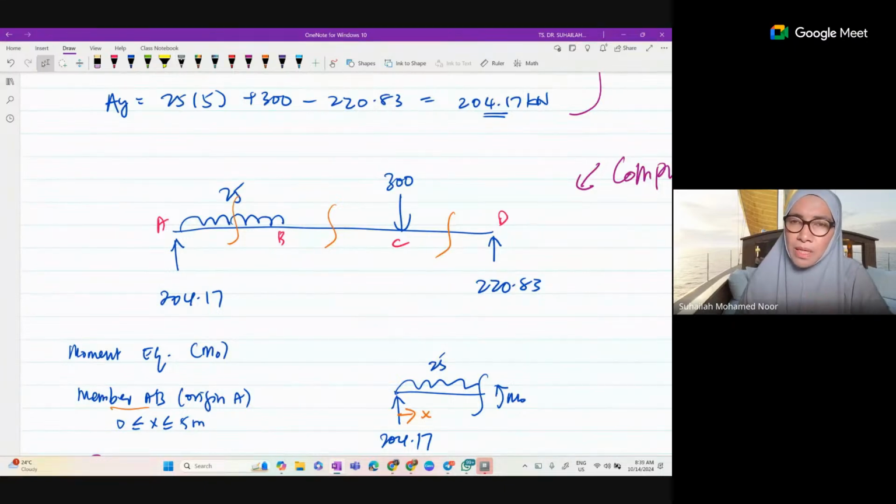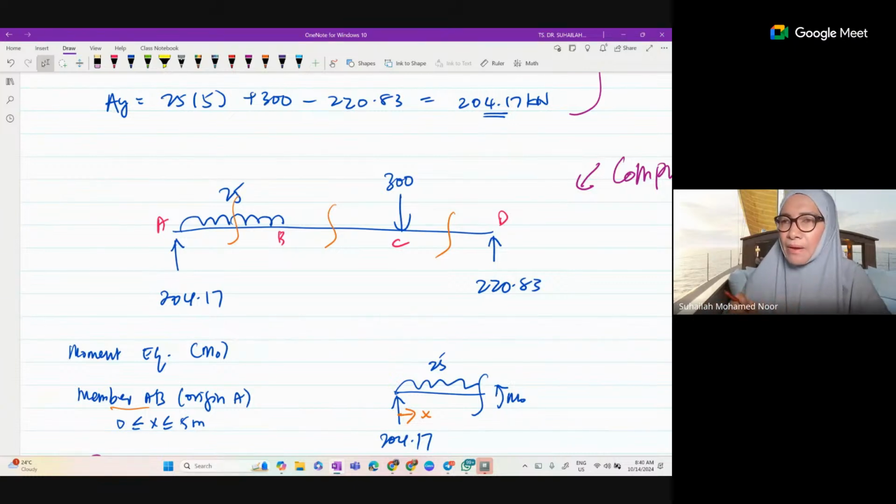In writing moment equation, please choose the easiest cutting section. If for member BC you find that origin D is the easiest way, so just choose origin D. Actually origin can be A, B, C, or D for writing moment equation.